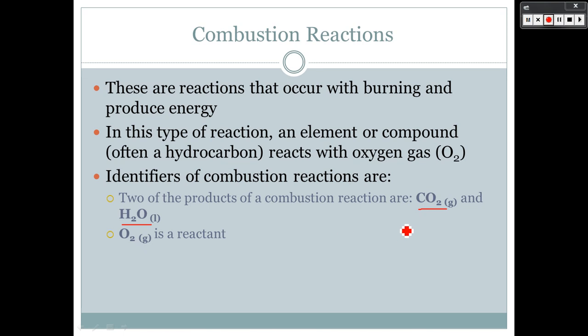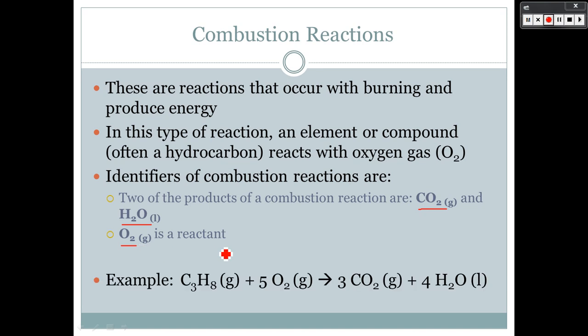And then once the reaction drives your car, you end up with carbon dioxide and water, both of which are greenhouse gases, which is why driving cars is such a big deal, because that's the primary product of a combustion reaction. And then oxygen must be a reactant. So both of these have to happen in order to have a combustion reaction. You must have carbon dioxide and water as your products and oxygen gas as a reactant.